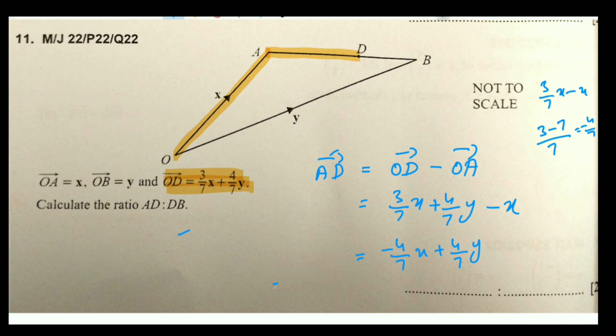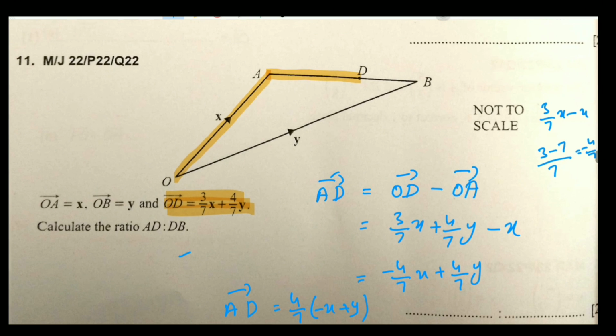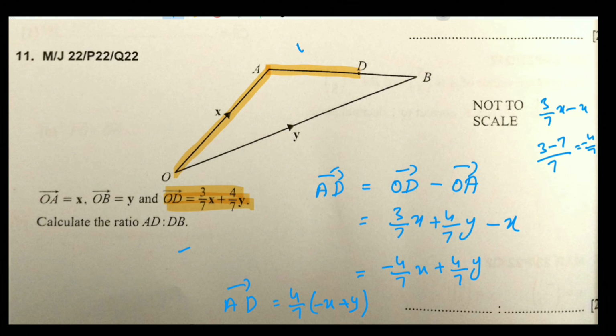If we take 4 by 7 common, it will be minus x plus y. So AD is equal to 4 by 7 of minus x plus y.